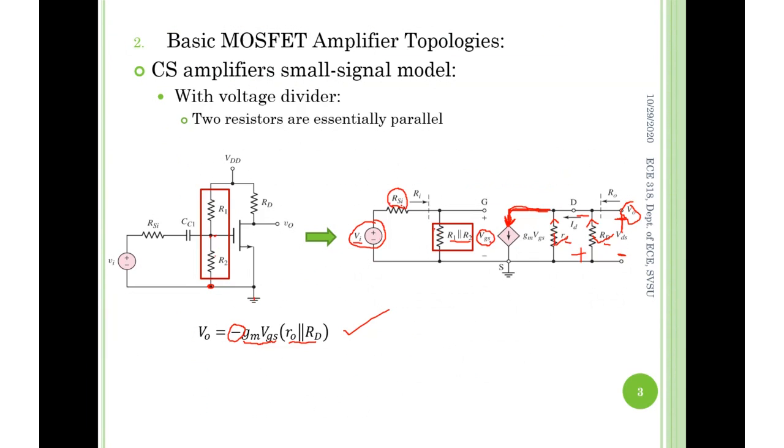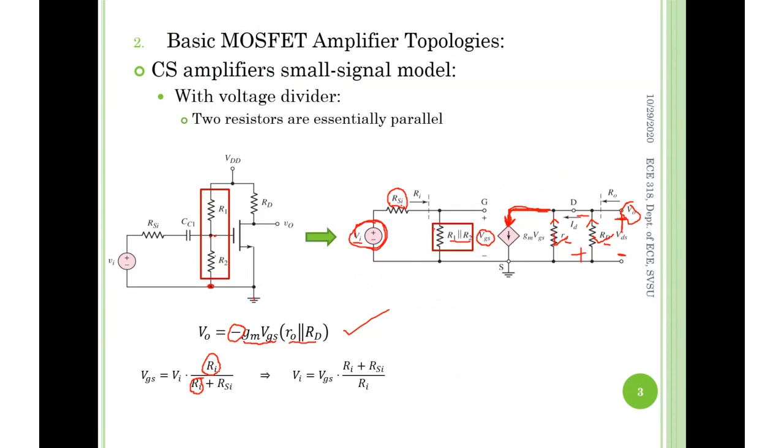And the VGS is nothing but the voltage across the R1 parallel with R2. Therefore, VGS equals what? Equals the total voltage VI times the voltage divider.